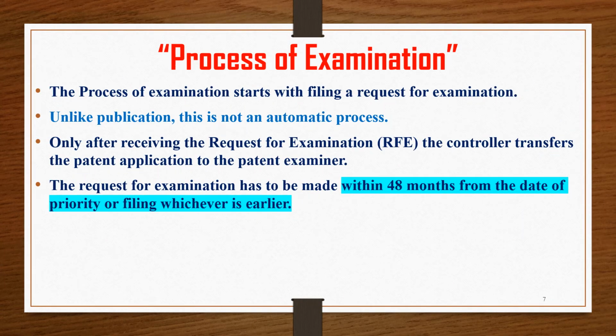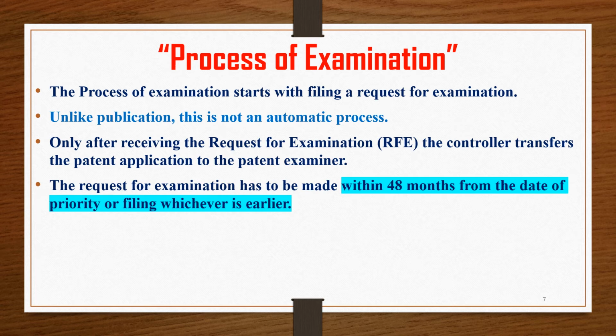Next, process of examination. The process of examination starts with filing a request for examination. Unlike publication, this is not an automatic process. Just remember, we know that publication is an automatic process, but examination is not at all an automatic process.